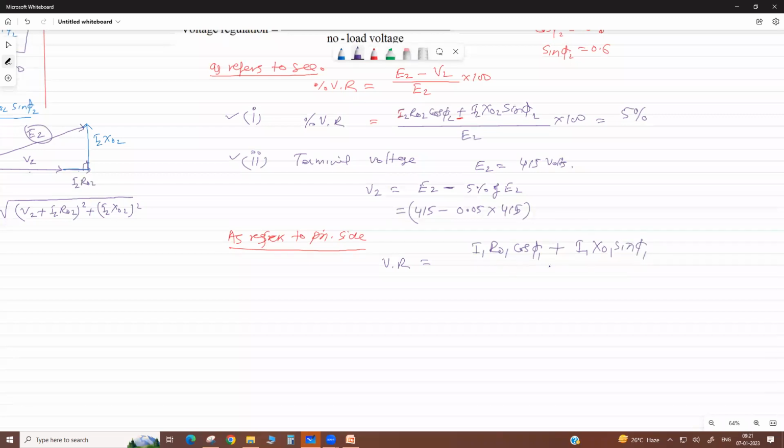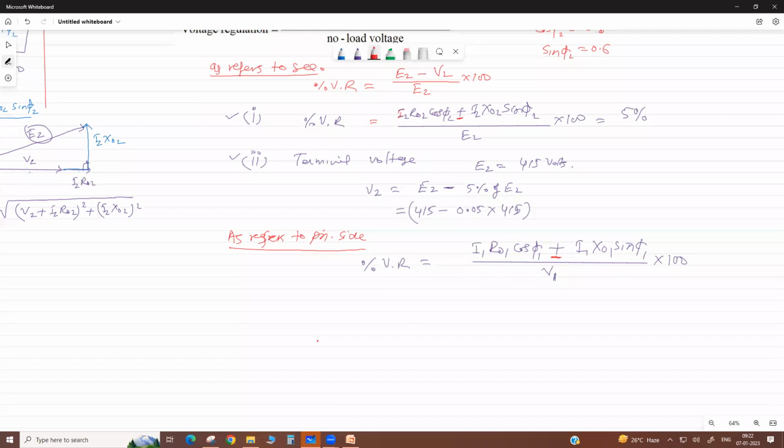This is your drop, divided by V1. As a percentage, you multiply by 100. This is as referred to primary side, and this is as referred to secondary side. At leading power factor, it becomes minus.